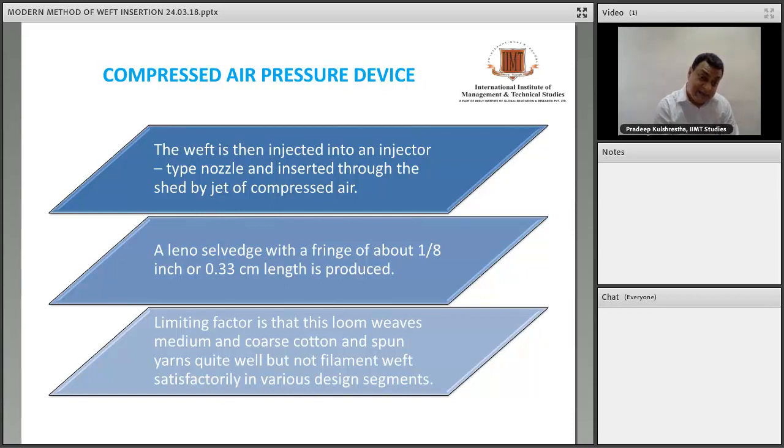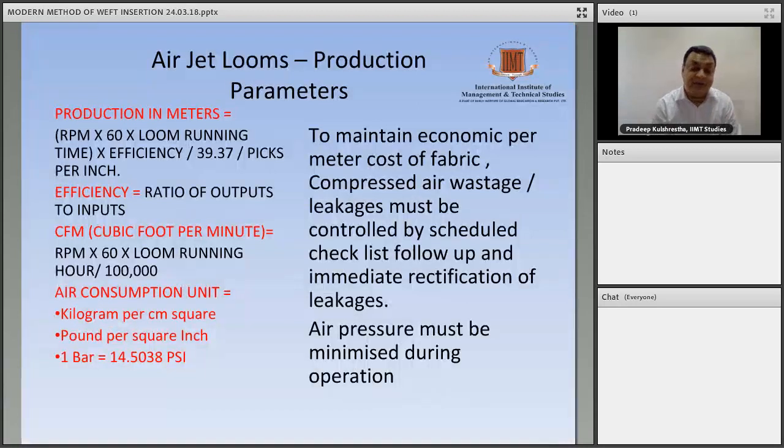The limiting factor is that these are good for medium to coarse denier yarn, but for finer yarn there are provisions we are working on. And because of higher speed, 1000 rpm to 1100 rpm, the air jet loom needs very good quality yarn. We cannot run on weft yarn like on rapier looms here.